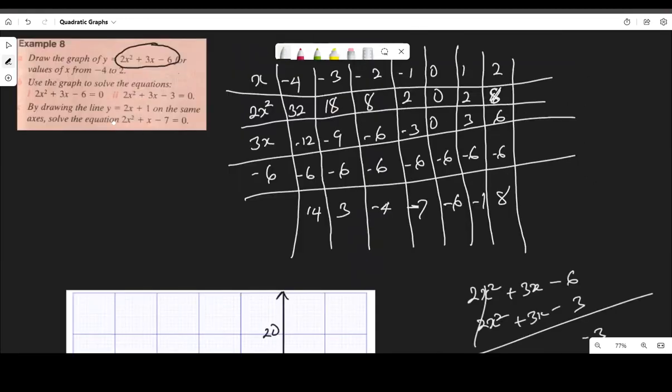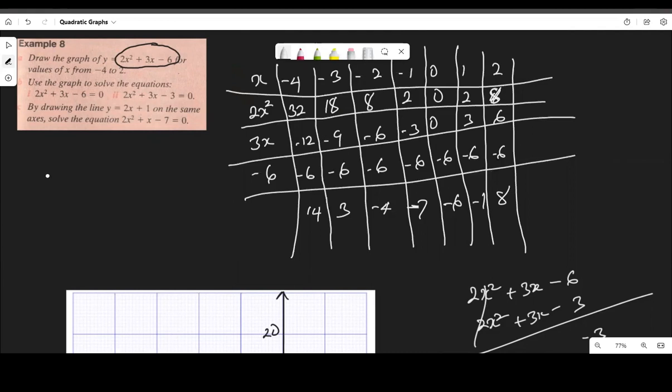The third part of that question says, by drawing the line y equal to 2x plus 1 on the same axis, solve the equation 2x squared plus x minus 7 equal to 0. Okay, again, we are going to take the difference between this equation and this equation.